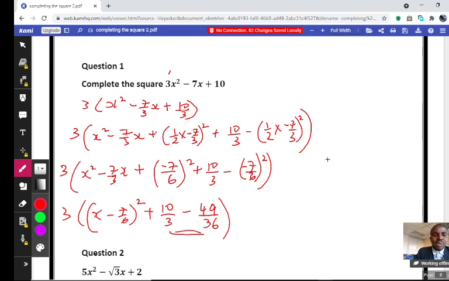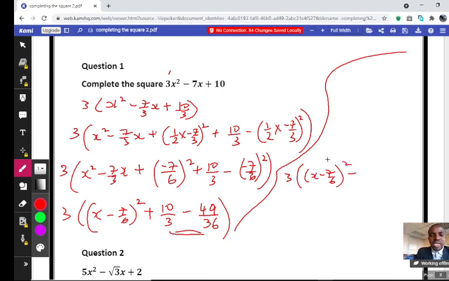Let me move on to this side and simplify. But first maintain the 3, then the big bracket, x minus 7 over 6 squared. Then simplify this one; you can use your calculator.